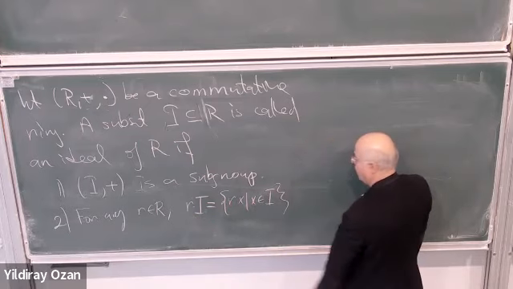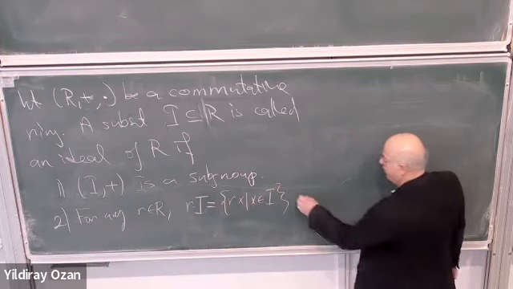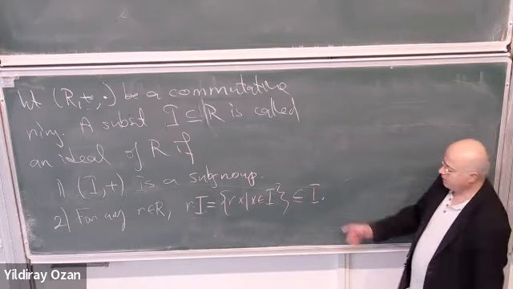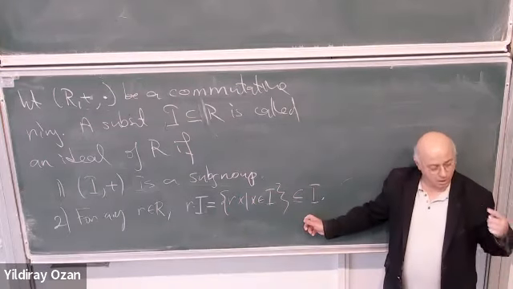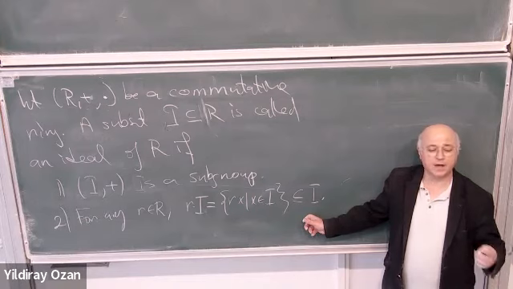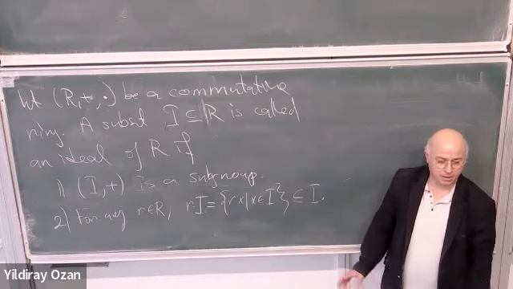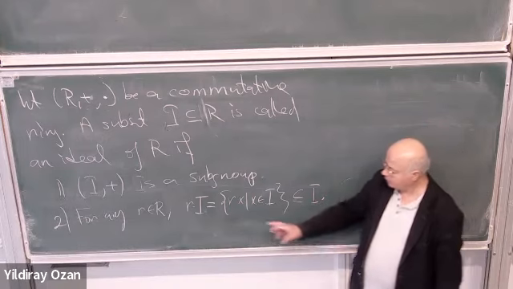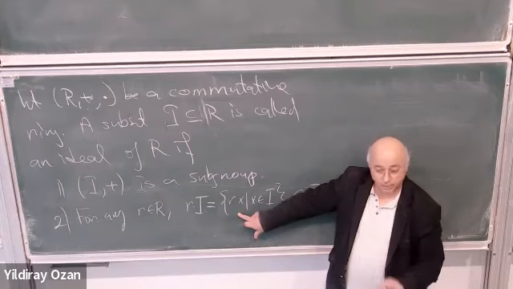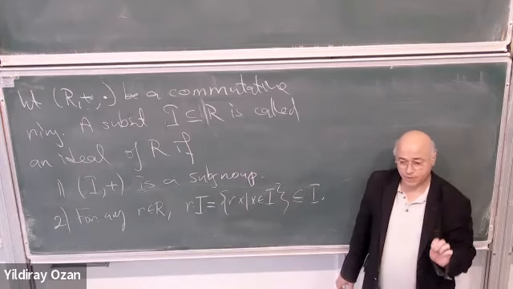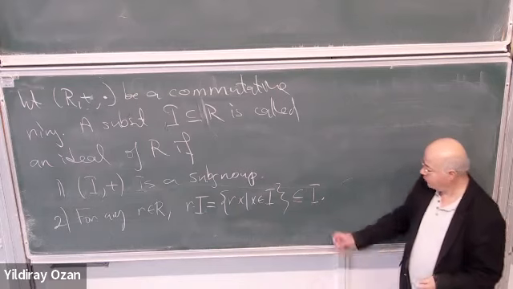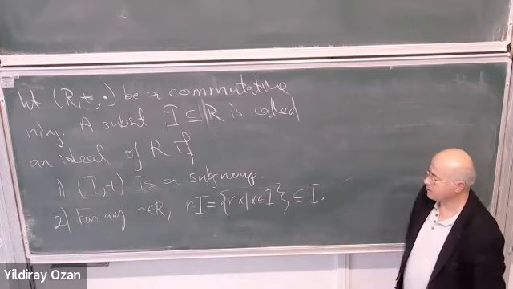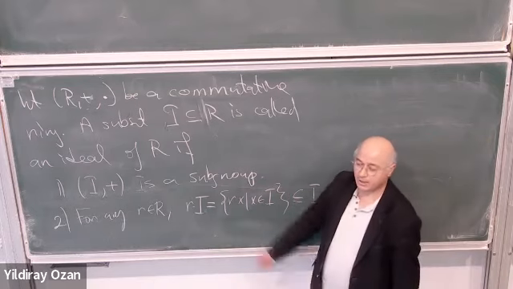Okay. So this should be a subset of this. In other words, it is closed under multiplication with an arbitrary element of the ring. So if you have something in the ideal, and if you multiply that element with an arbitrary element of the ring, you again obtain an element in the ideal. If this is the case, then we just say that I is an ideal.